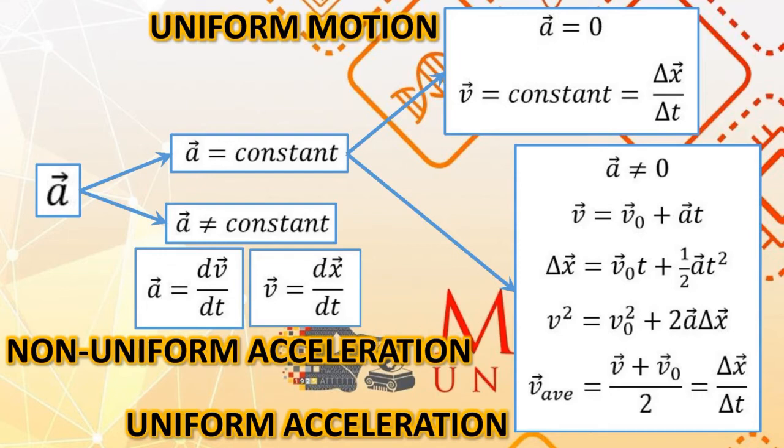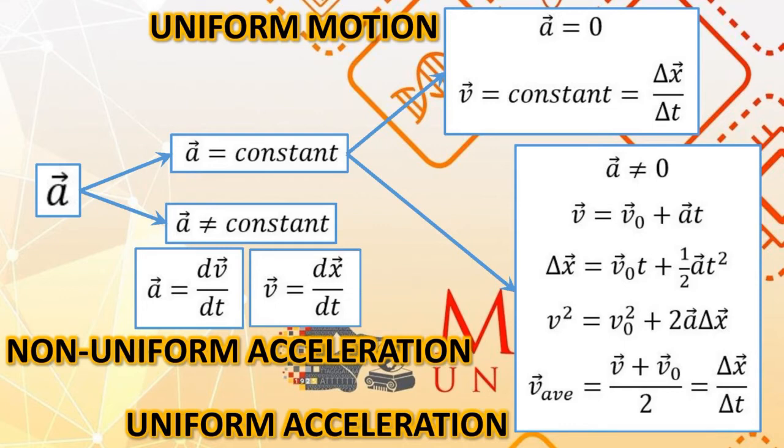The velocity is constant, and for constant velocity, dx over dt reduces to simply delta x over delta t. Velocity is equal to a constant, the displacement divided by the change in time.